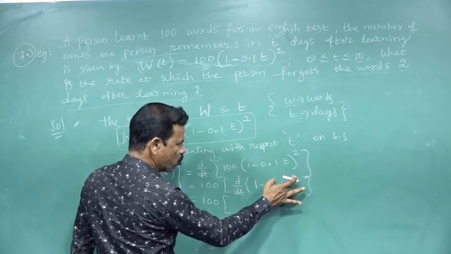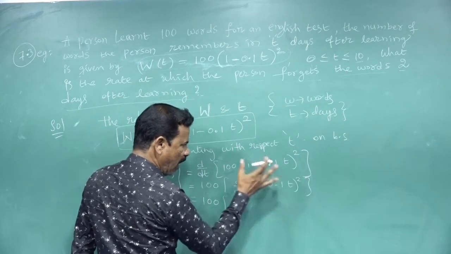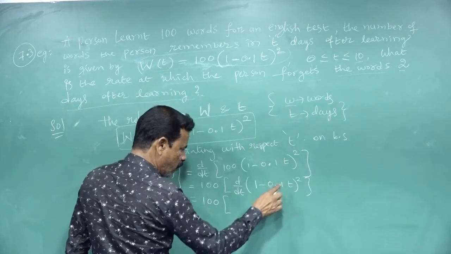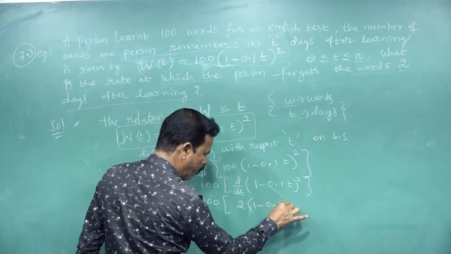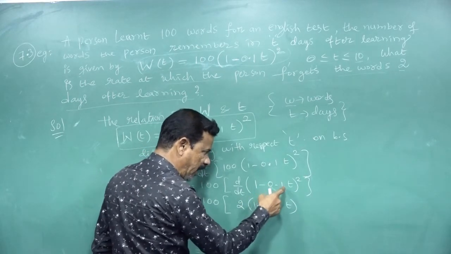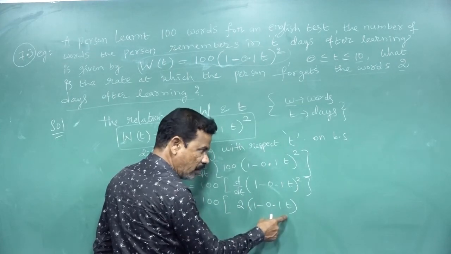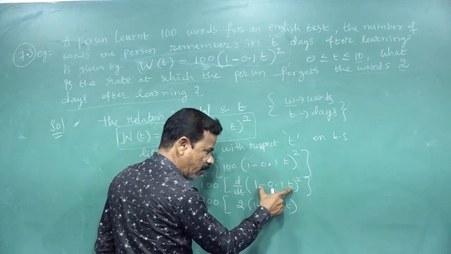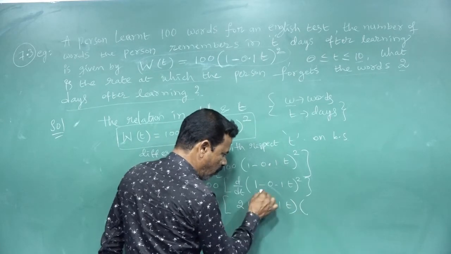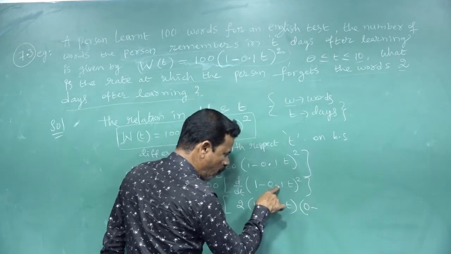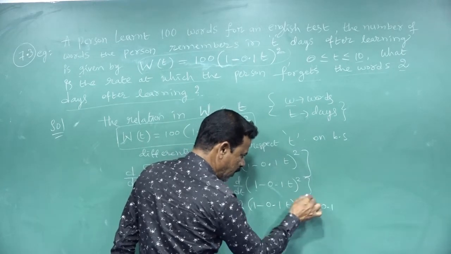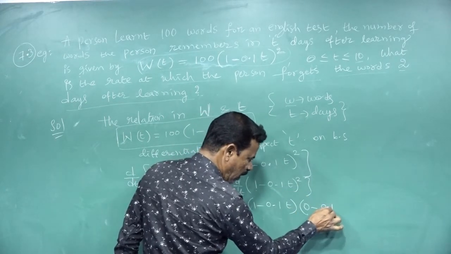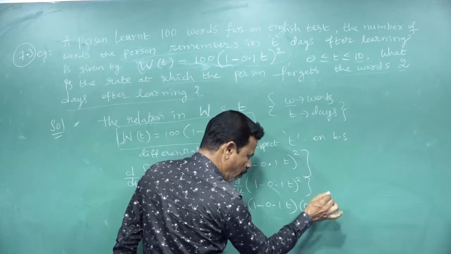So this bracket is squared, so the derivative of the square function is 2 into (1 minus 0.1 into t). After that, the inside bracket differentiation: 1 gives 0, minus 0.1t has coefficient 0.1 and the derivative of t is 1. So 1 into 0.1 is 0.1.